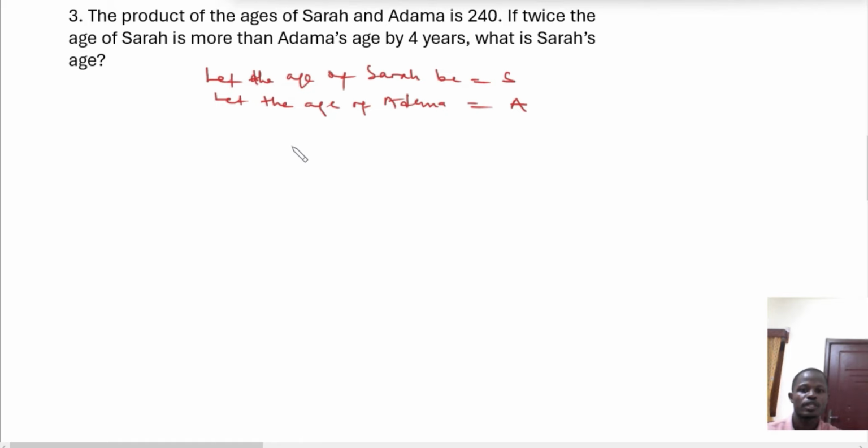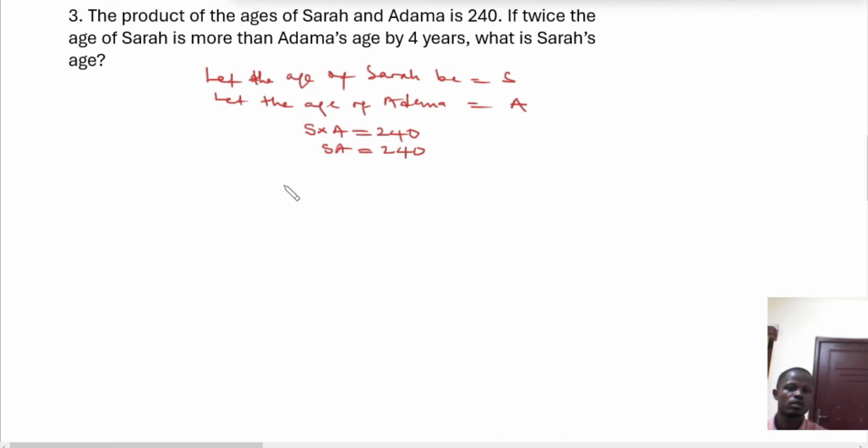So the product of the ages, S times A. Product of the ages is equal to 240. So SA is equal to 240. This is what we're going to have.